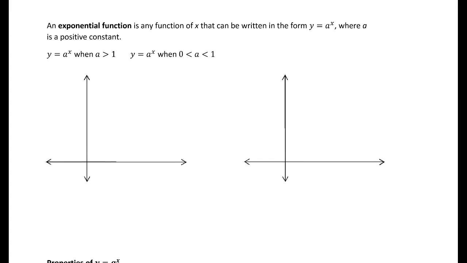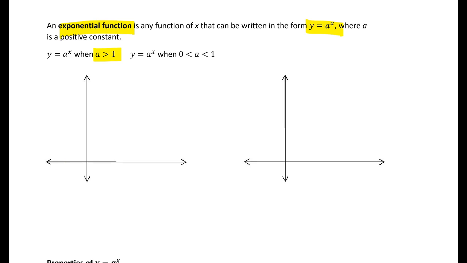Okay, so in general, now that we've seen a few of them, an exponential function is a function written like this, where a is a positive constant and x is your exponent. So in general, what we can say is that when a is greater than 1, or just a general whole number, or even fractions bigger than 1, you would expect your shape to look like this.